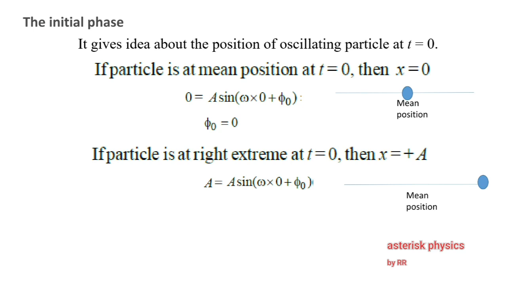And this equation will hold true only when phi 0 is equal to pi by 2. So at the start of the experiment, if the particle is at its right extreme end, then we have initial phase phi 0 is equal to pi by 2.